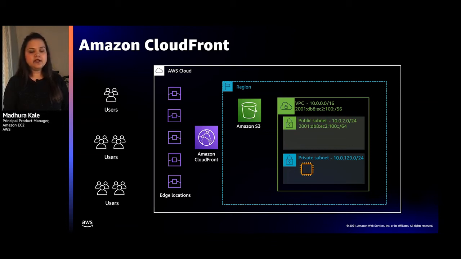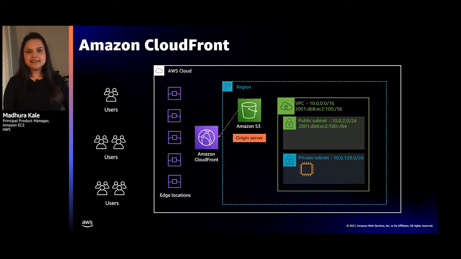There are 3 concepts of CloudFront that you should know. The first is something called an origin server. Here it is an S3 bucket. The origin server is the authoritative source of the file that your users will download. Then you have the CloudFront distribution itself.